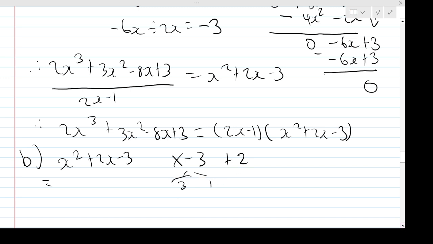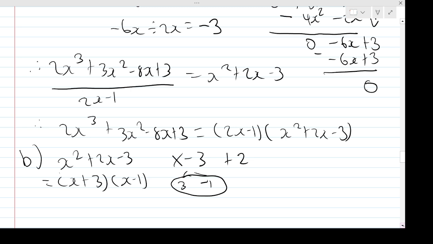But then I need to account for the negative, so I want one of these numbers to be negative. But I need to add them to get 2, so it needs to be positive. So I need to make minus 1 the negative. So 3 times minus 1 would be minus 3, and 3 take away 1 would be 2. So those are my factors.